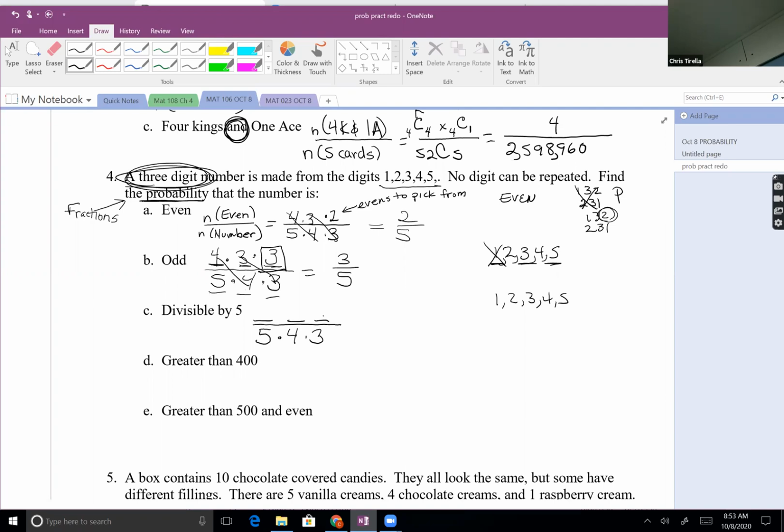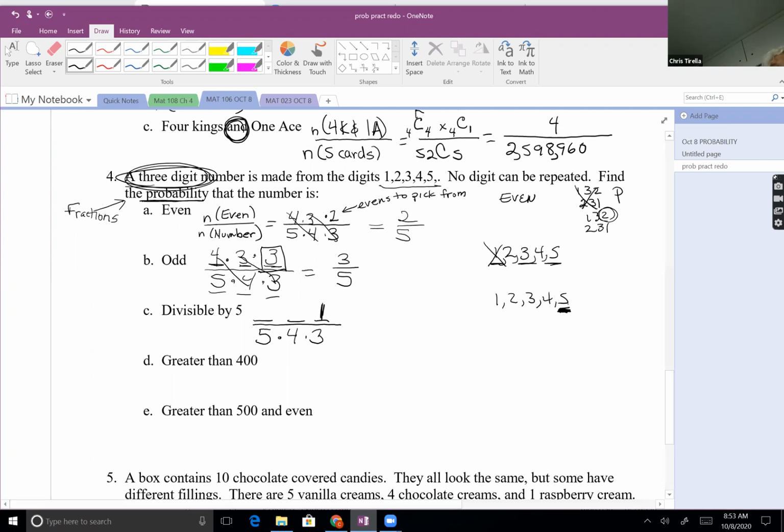Isn't the last digit always a 0 or a 5? And so if this has to be divisible by 5, that last digit can be 0, but 0 is not one of my choices. That last digit has to be the 5, yes? So there's only 1 5 to pick from.